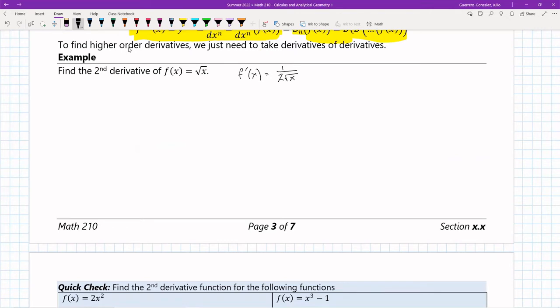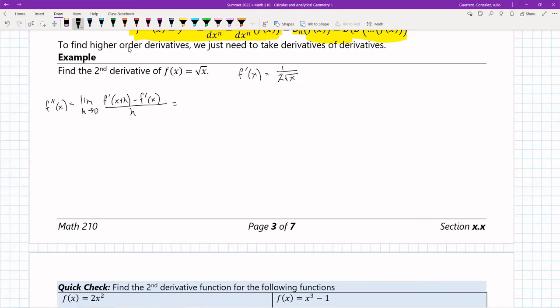So f double prime of x is equivalent to the limit as h approaches 0 of f prime of x plus h minus f prime of x all over h, which means we get to use this definition again.